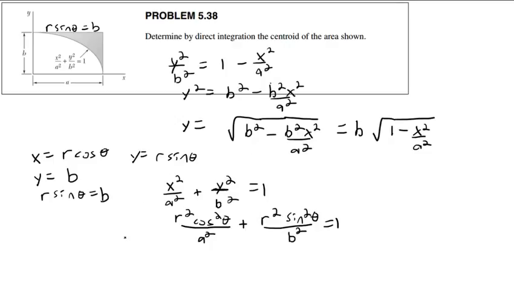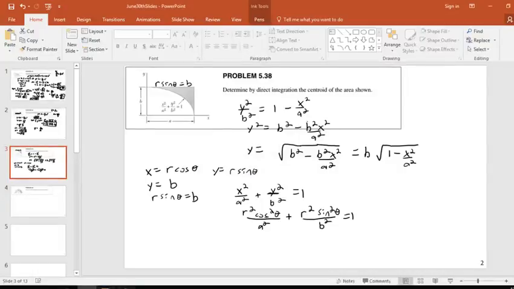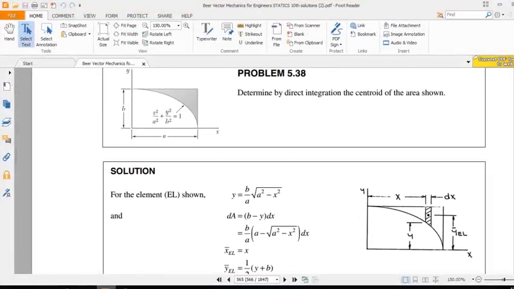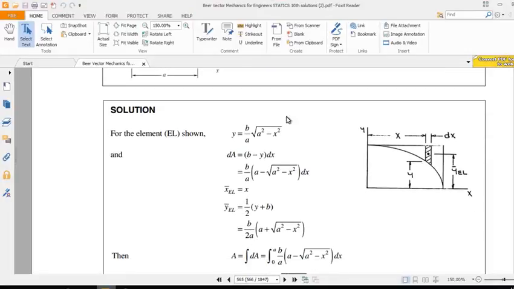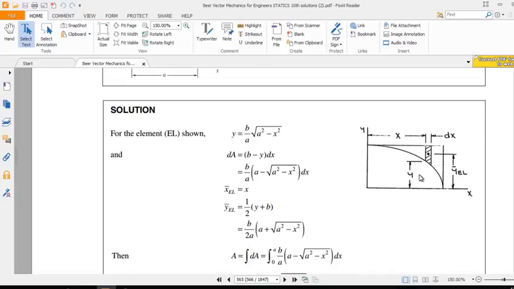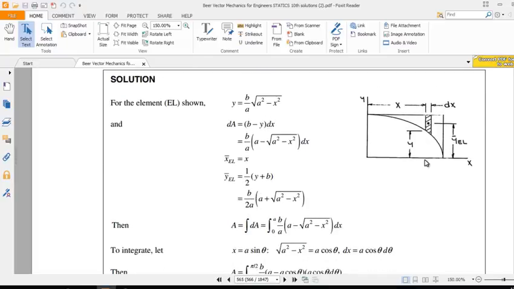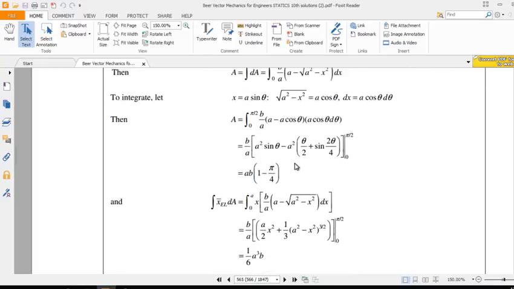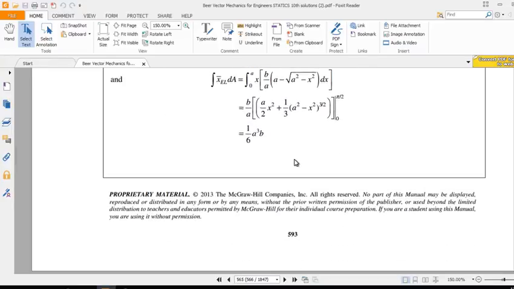So let's see. I can show you what the solutions manual does. They have this element of integration, which they say they're trying to get the integral of A, I believe, and they just run through it using various applications of polar integration, and they get it like that.